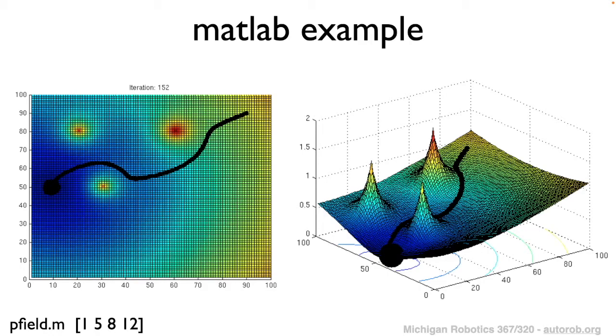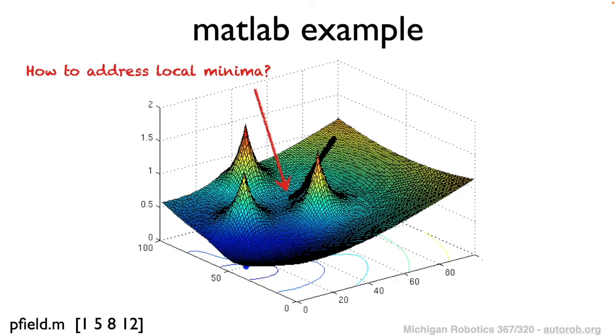In this case, the robot doesn't get stuck in a local minimum, so it's able to descend the potential field despite these three conical repeller obstacles, and it's able to avoid those obstacles but still reach the goal configuration. However, there are alternative cases we were talking about, where the robot can get stuck in a local minimum. This is the case we want to think about: how we can address these types of scenarios with our potential field planners.